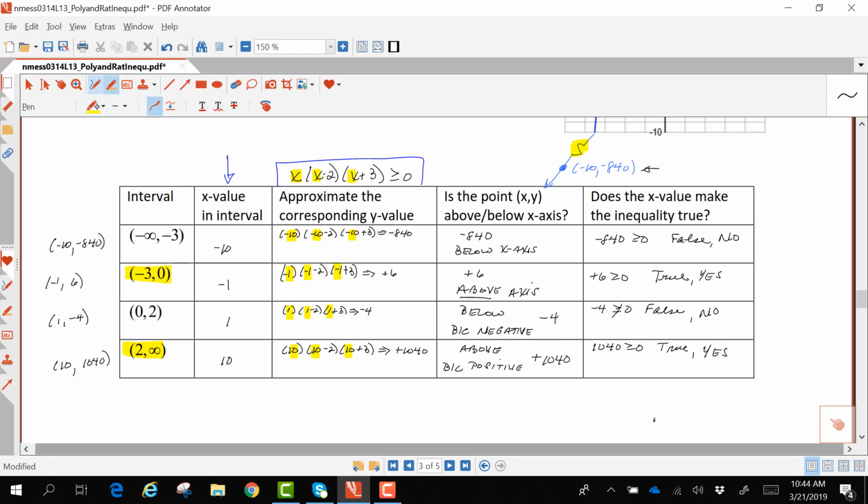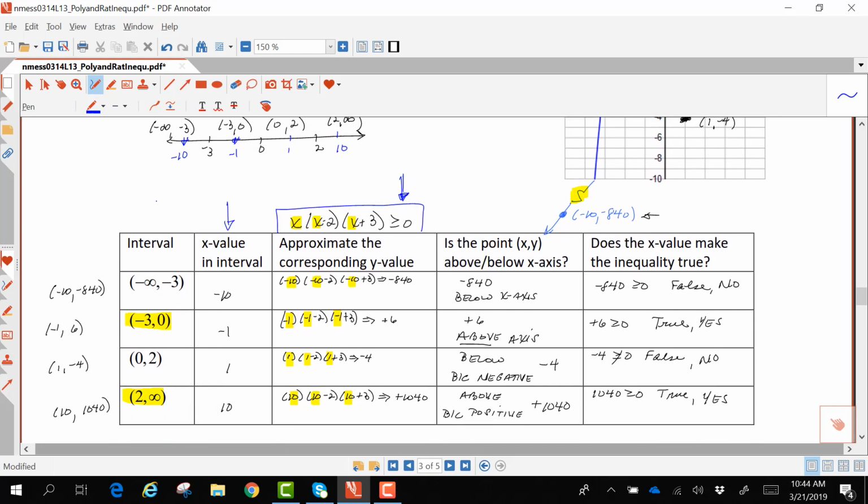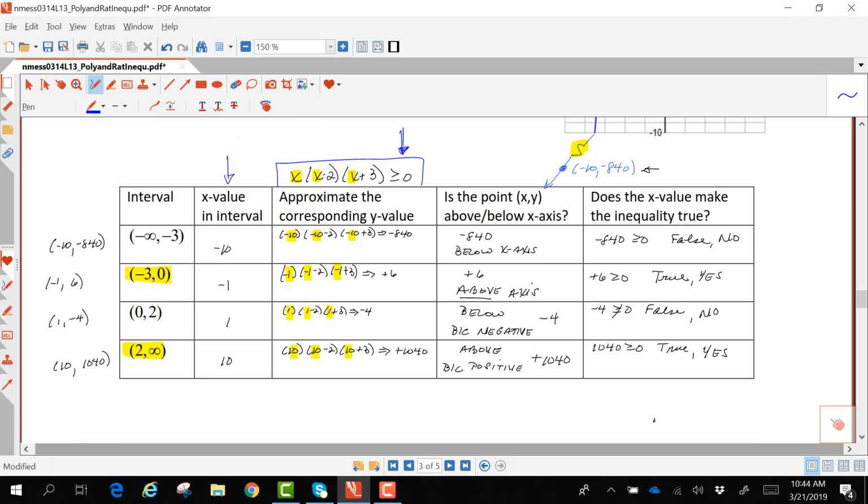Going back to the inequality, let me point to it in this square up here, the inequality is greater than or equal to 0. You can see that -840 is not greater than or equal to 0, which is a false result. Again, the future is going to ask you to solve the inequality, and therefore you're searching for solutions.